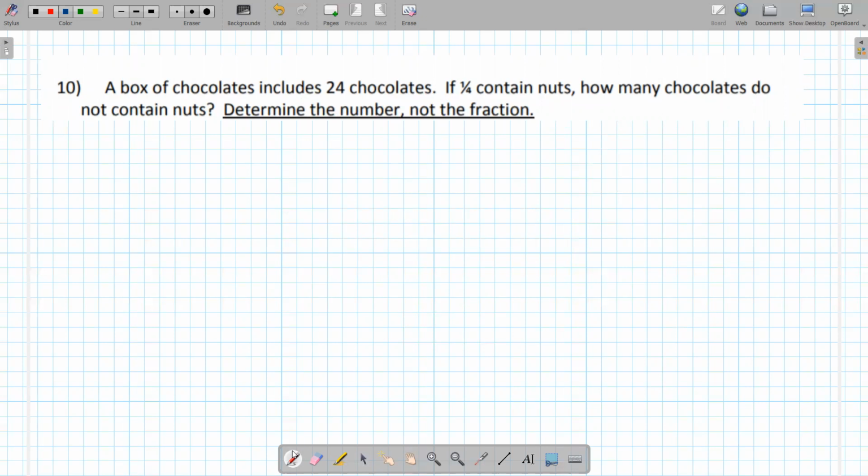Is this a subtraction or a times? Times. Yes. So 24 times 1/4. What does that equal to? You don't need a calculator for this one. So that's just 24/4, right?